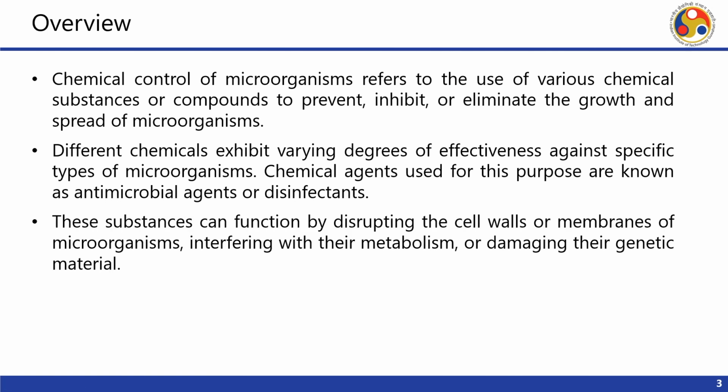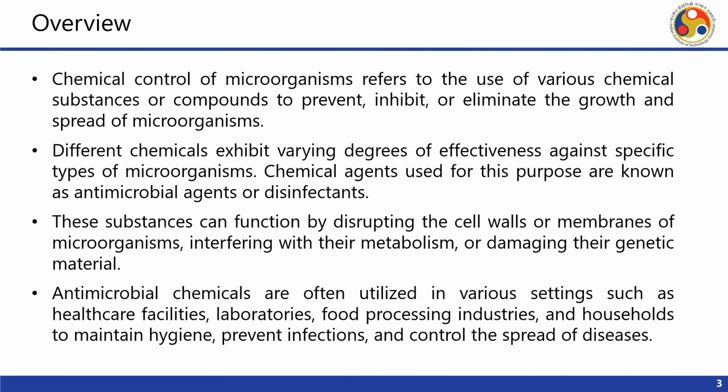These substances can function by disrupting the cell walls or membranes of microorganisms, interfering with their metabolism or damaging their genetic material. Antimicrobial chemicals are often utilized in various settings such as healthcare facilities, research laboratories, food processing industries, and households to maintain hygiene, prevent infections, and control the spread of disease.